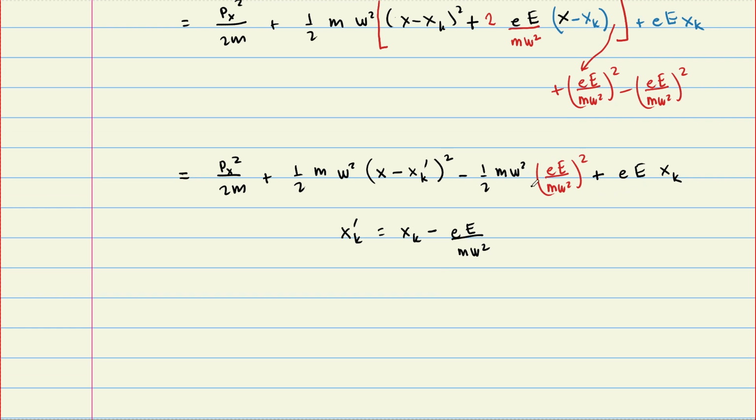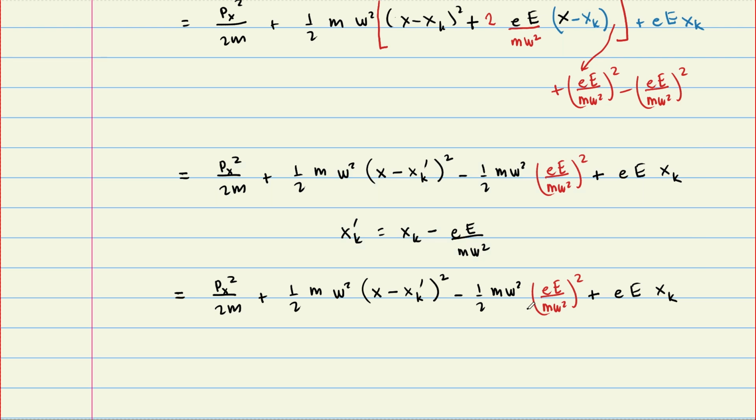And so this also, okay, you can see, let me write in 2 steps not to lose track of the calculation. So let me write this like this. This is squared, and this m omega squared is going to cancel one of these, so this is going to be like that. And so what I want to do here is, you can see there's xk prime here. I want to write this one also in terms of xk prime.